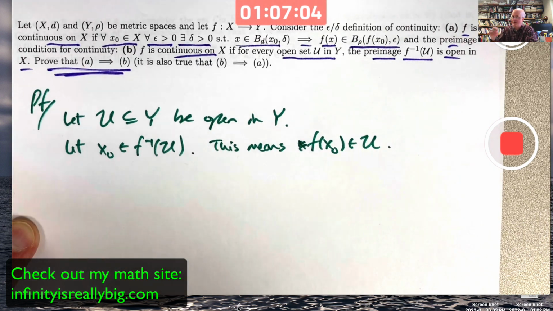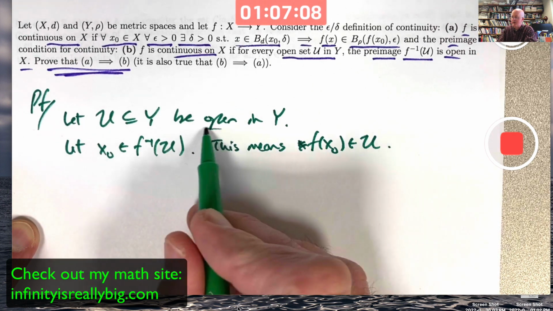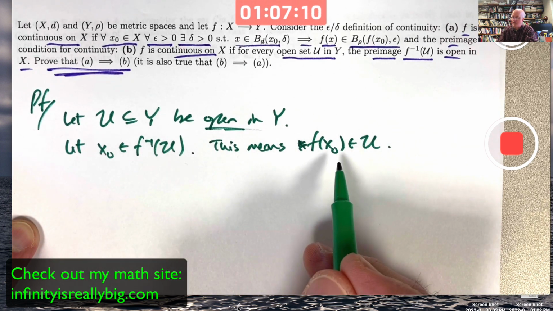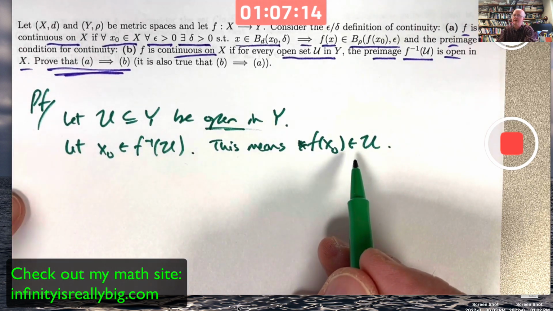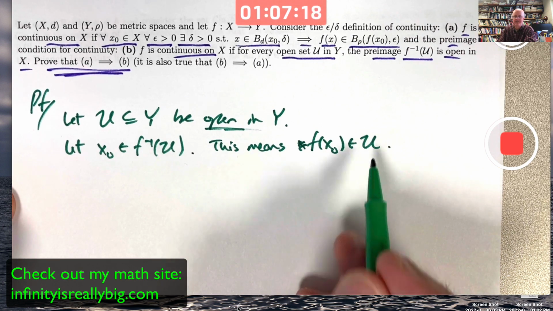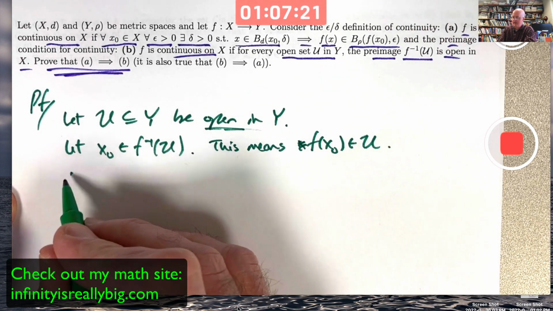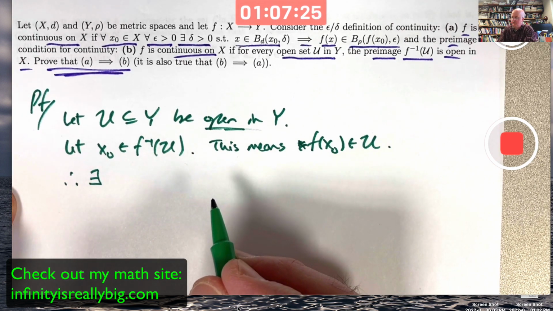Okay, this is kind of follow your nose kind of stuff here. f of x0 is in U, U is open in Y, so f of x0 must be an interior point of U. There must be some open ball of a certain radius centered at f of x0 that's entirely inside U. What should we use for the radius of the open ball?